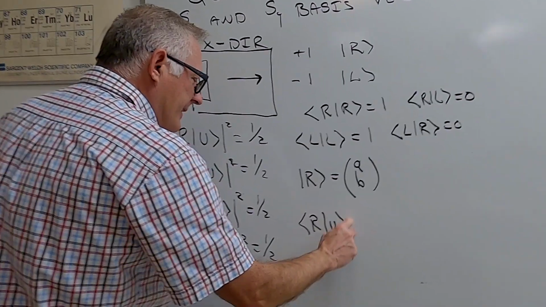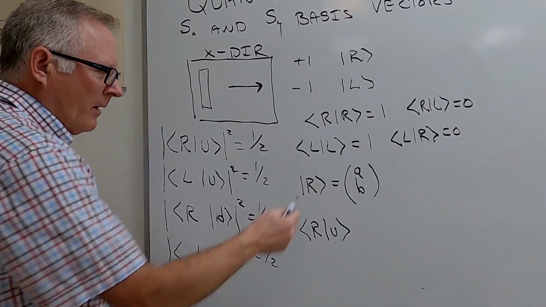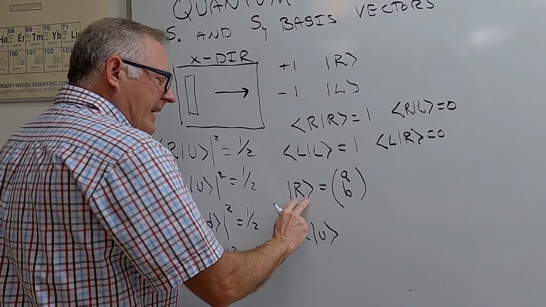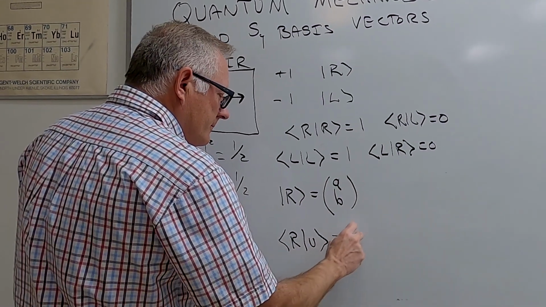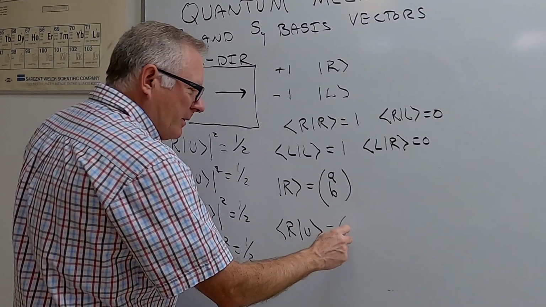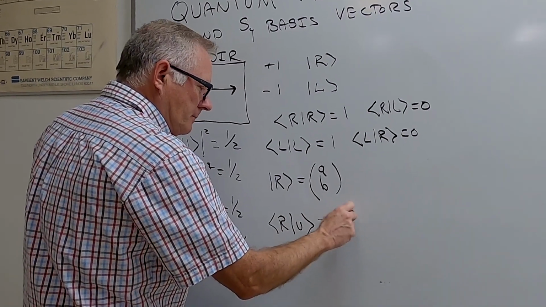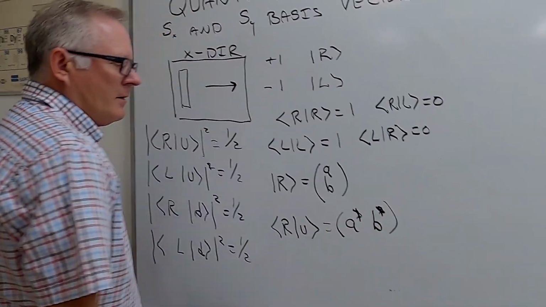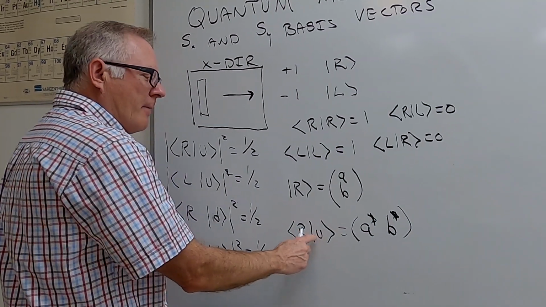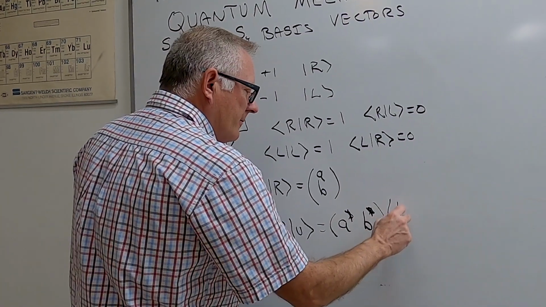Right-up without the magnitude squared. Remember, to turn the ket into a bra, you turn it into a row, and you do the complex conjugate. So it's A star, B star, times our up, remember, which was 1, 0.